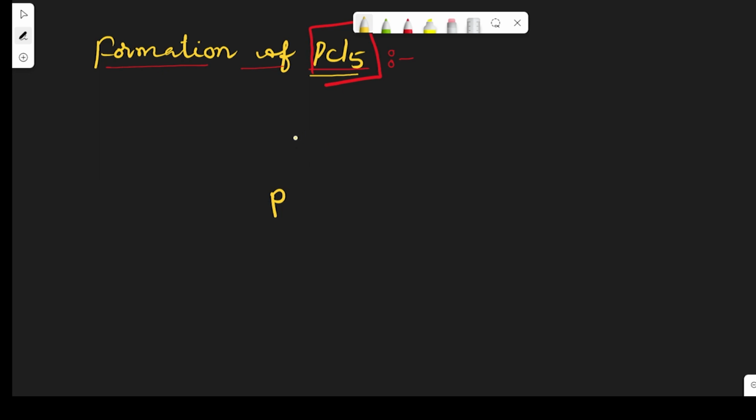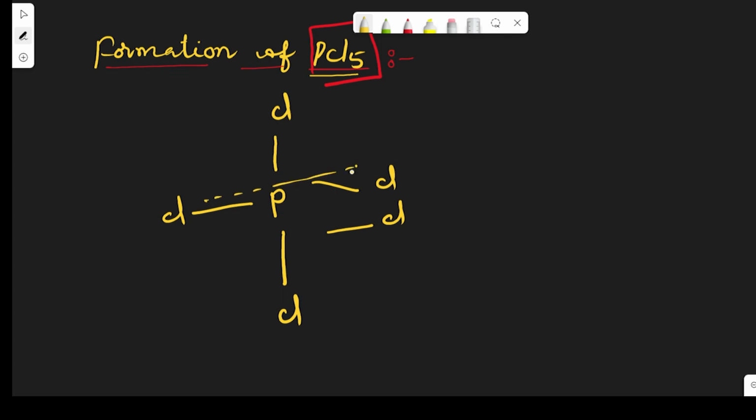So this is the phosphorus atom with chlorine atoms.